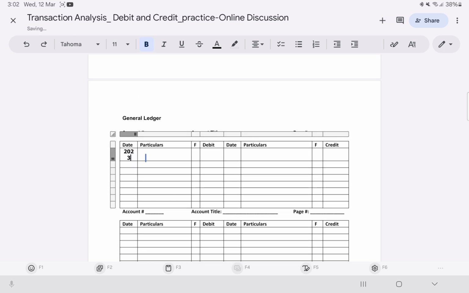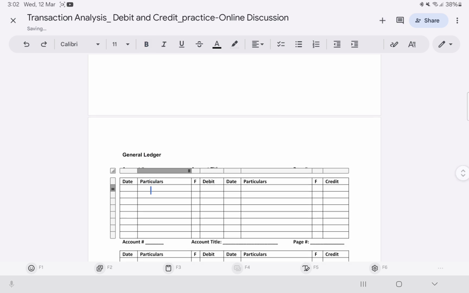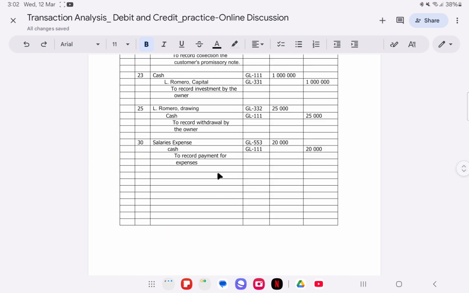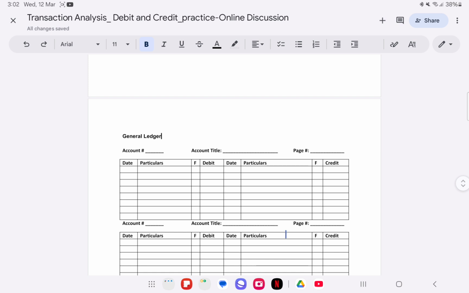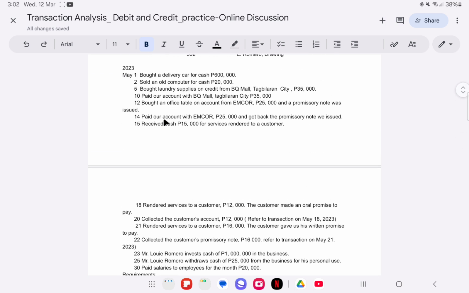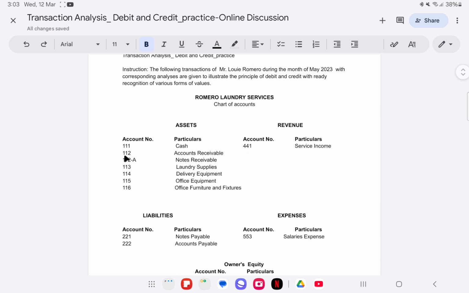But before that, let's write the account number and the accounting title, so that you can work easily and post your transactions easily. So you're going to go back to the chart of accounts.